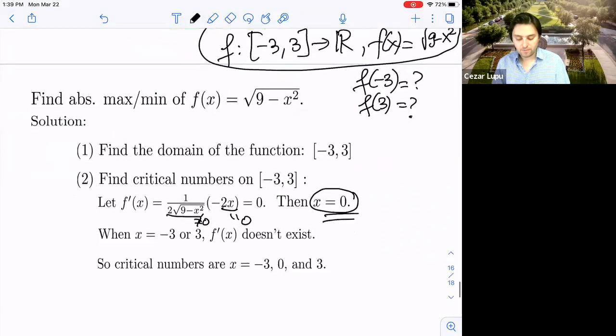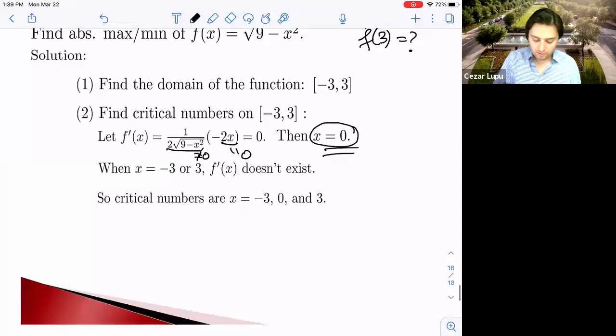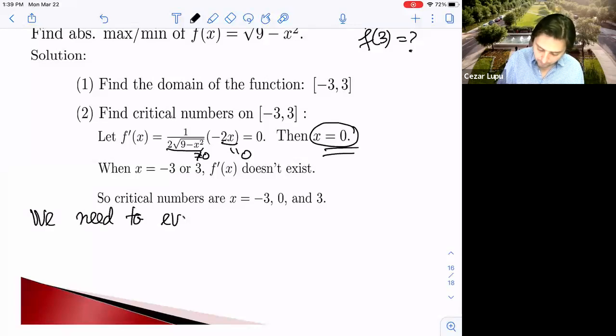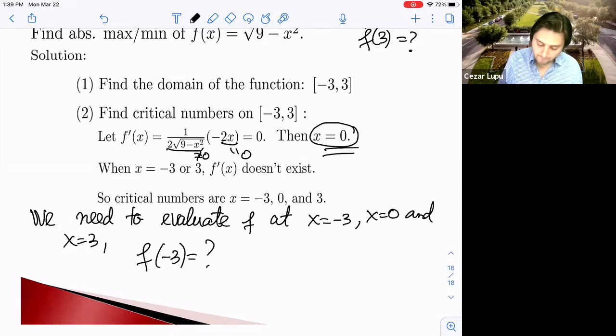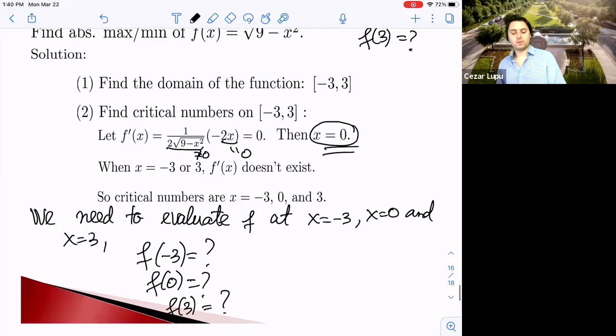And let's do so. So we need to evaluate f at x equals -3, x equals 0, and x equals 3. In other words, f of -3, f of 0, and f of 3. We would like to see what this is.